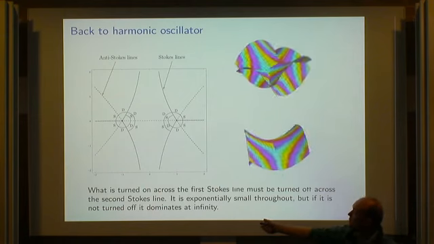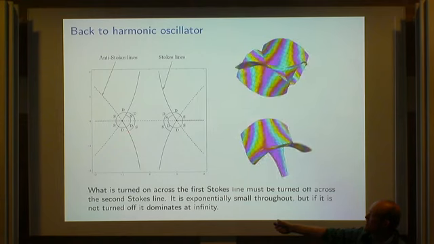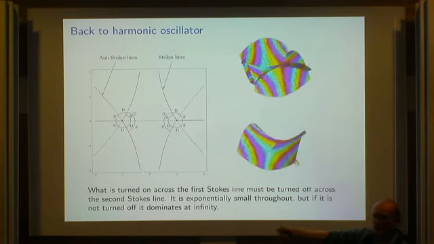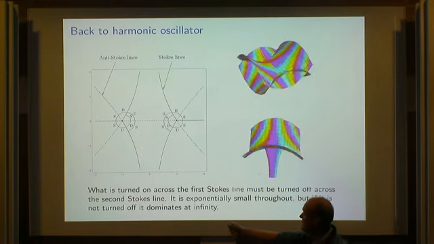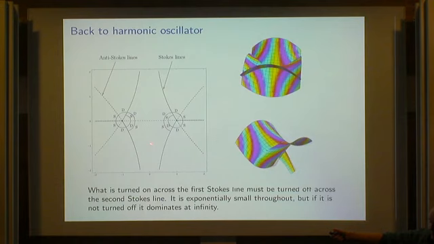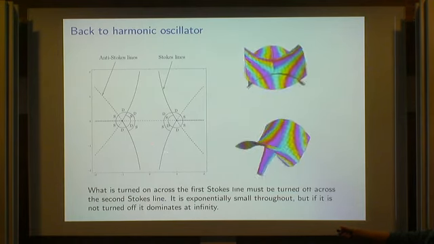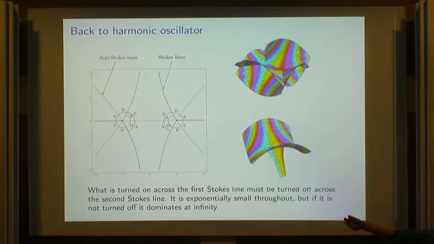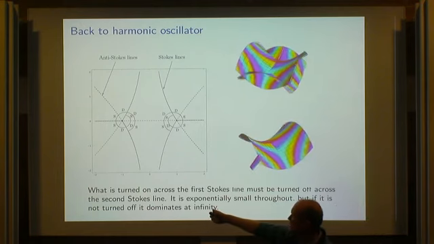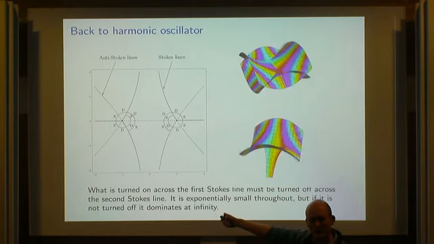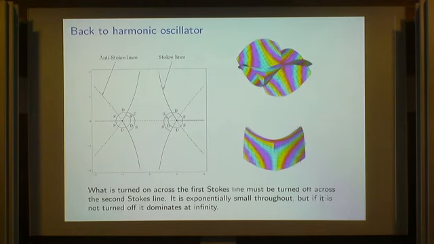And what happens is that as you come across here, you turn on something which is exponentially small, which is the other exponential, so the other WKB approximation. And then you've got to exactly turn it off again when you get to this line. Because if you didn't turn it off again, it would be exponentially large by the time you go back to the real axis. So the eigenvalue condition is whatever you turn on at this Stokes line, you've got to turn off on that Stokes line. And you can do the whole thing in the complex plane.